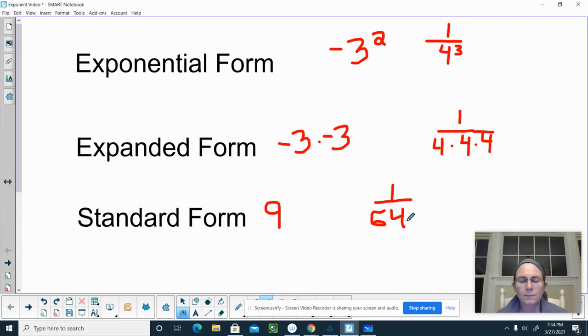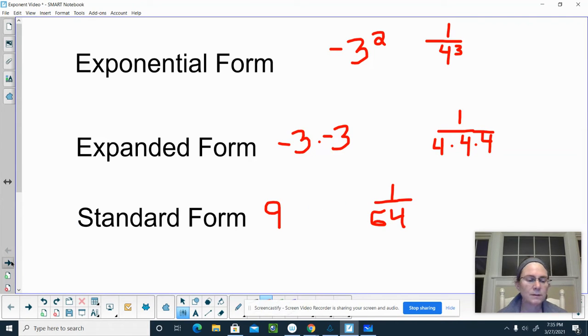So these are examples of exponential form. Just remember, anything with an exponent is exponential form. Expanded form, you take the base number and you expand it out however many times the exponent tells you. And standard form is just the answer, the regular number.